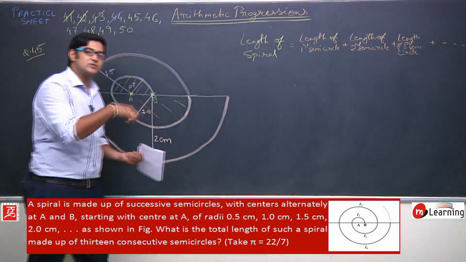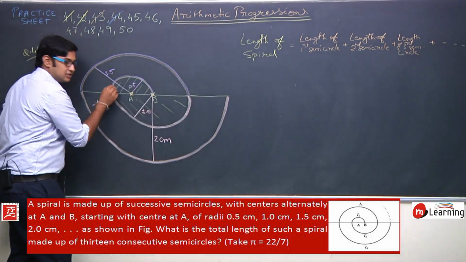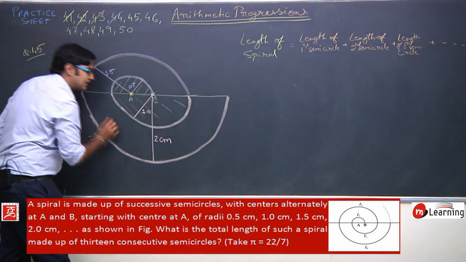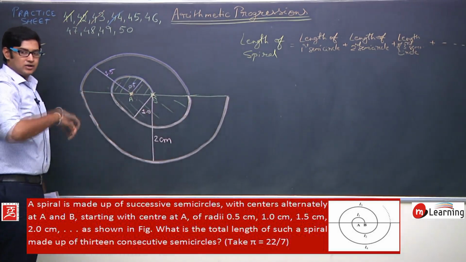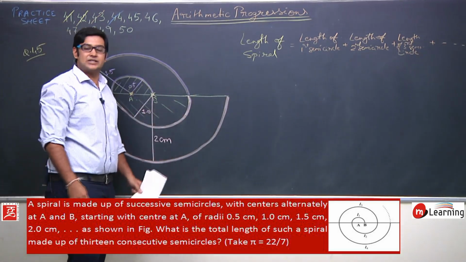Okay, because the length of spiral will be what? Sum of this length plus this length plus this length, then plus this length, and so on. This cycle will continue till 13 semicircles.